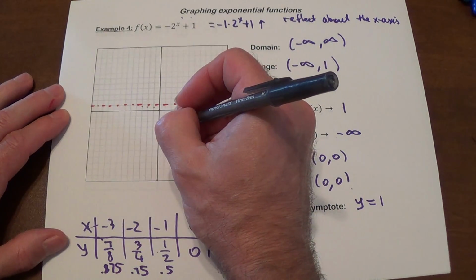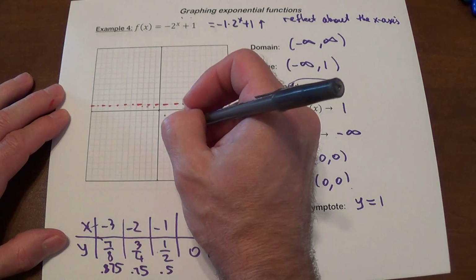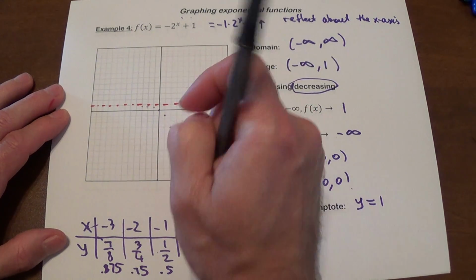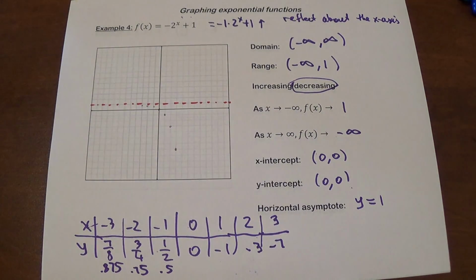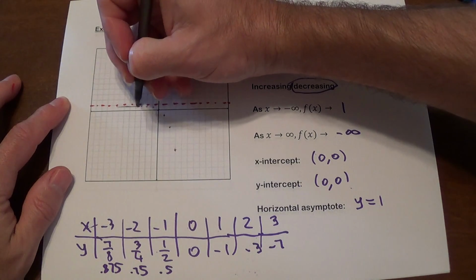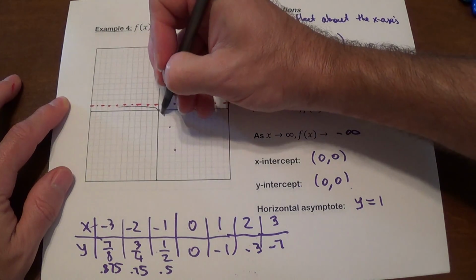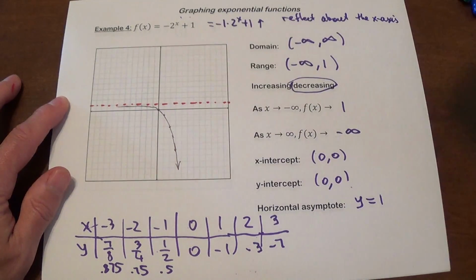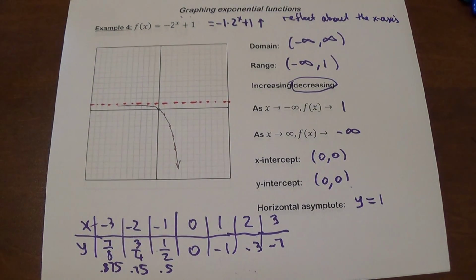Here we're going to have -3. And we're going to have -7. Okay, that's what I meant when I said that the graph is going to actually curve down like this, because we reflected that about the horizontal axis. That's why it's decreasing.